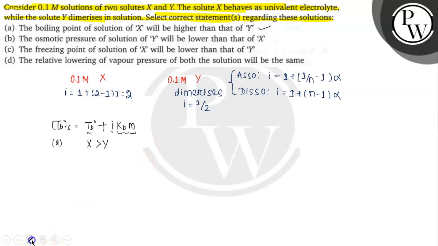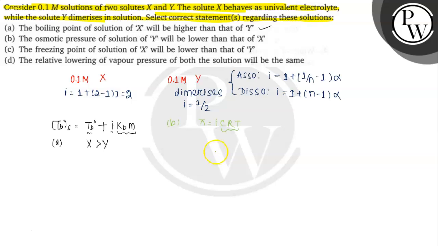Now we'll come to option B. Option B says that the osmotic pressure of solution of Y will be lower than that of X. So pi is equal to i into CRT. These three parts are the same. It only depends upon the Van't Hoff factor, and osmotic pressure and Van't Hoff factor are directly proportional to each other.